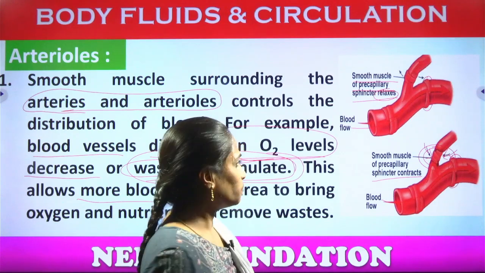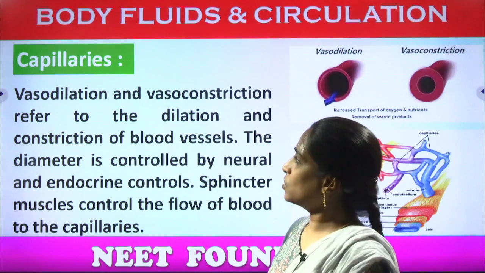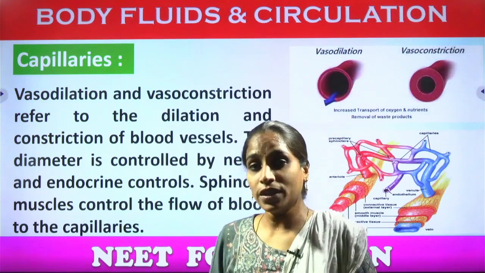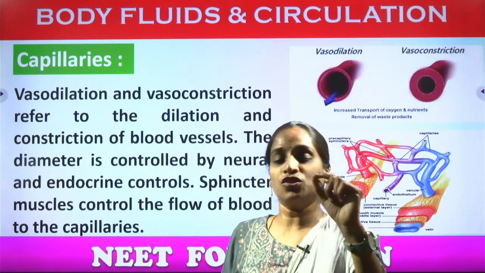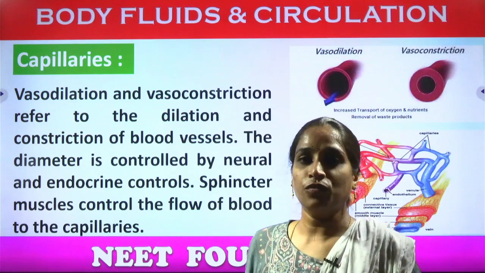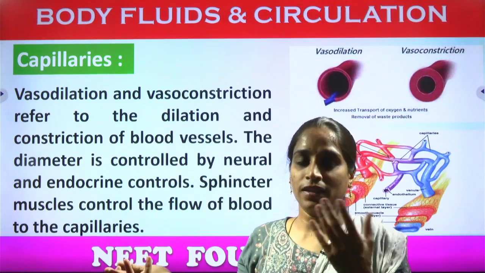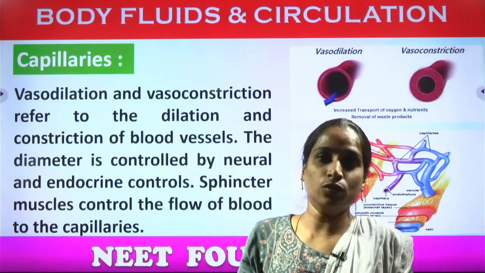The next concept is the capillaries. What are capillaries? These are very minute, thin blood vessels which give the connecting link between arterioles and venules. Arteries branch and form arterioles.